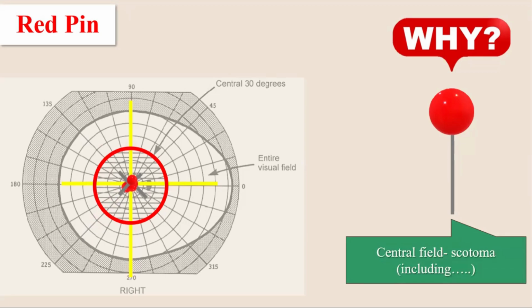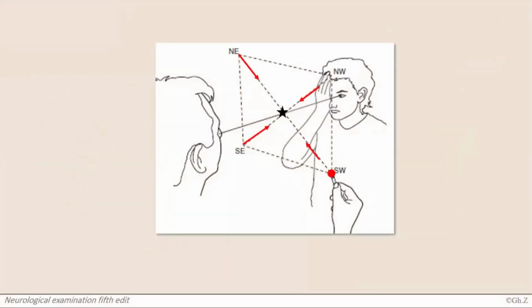So we use the red pen for examining the central field for any kind of scotoma and other things. We will discuss it later in the following steps. This is a diagram showing you how you move your red pen diagonally in 4 quadrants until the line of sight.